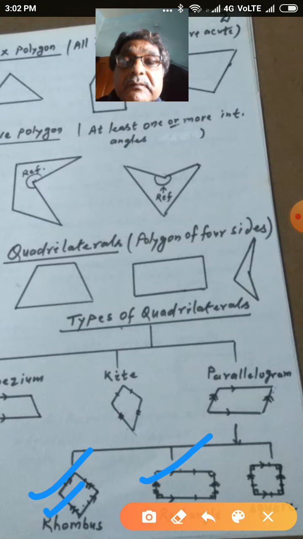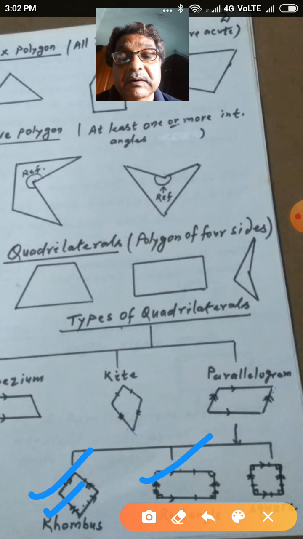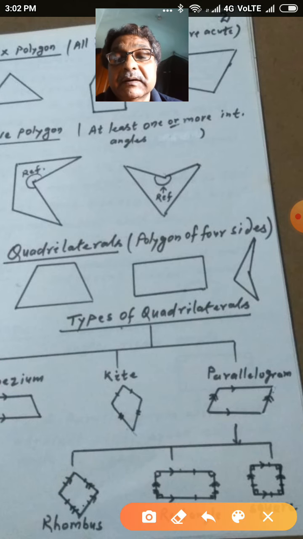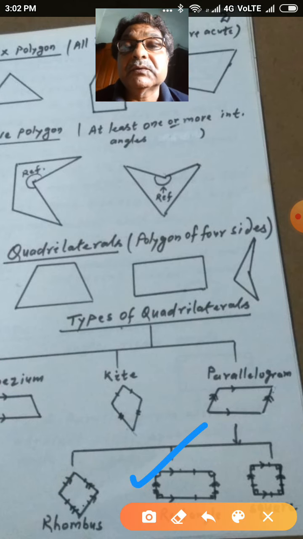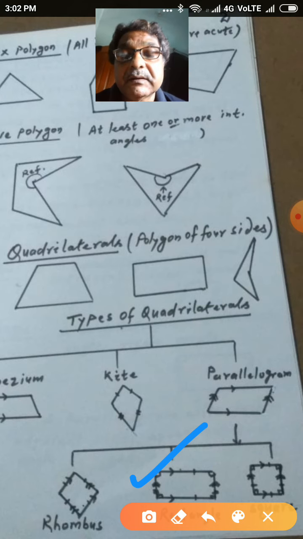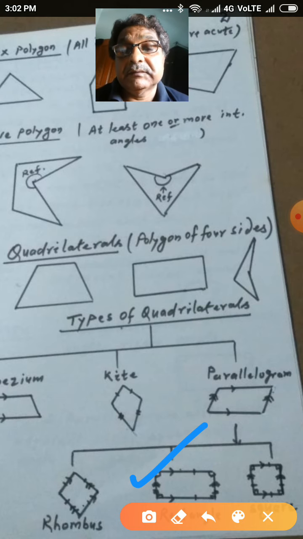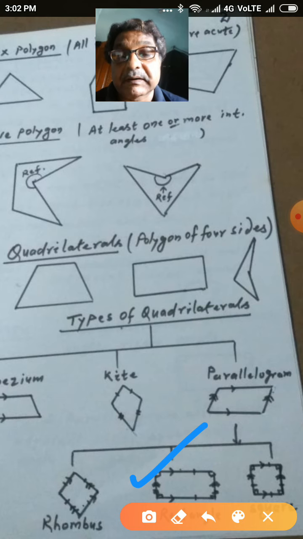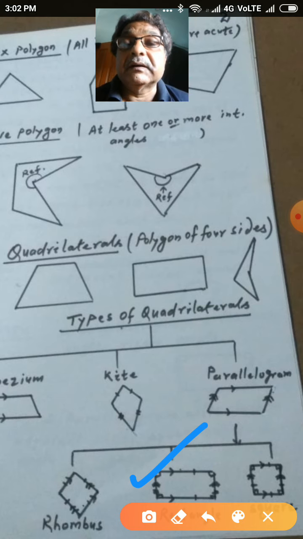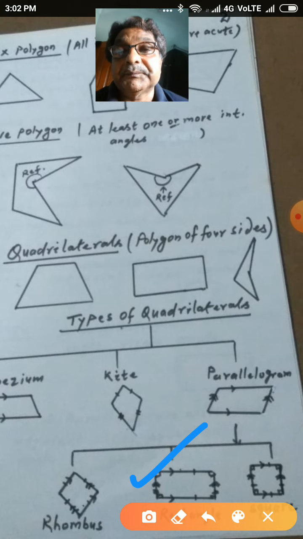Second, it is rectangle. So what is a rectangle? Rectangle is that parallelogram whose each interior angle is 90 degrees. Okay, so a parallelogram with each angle 90 is actually a rectangle. So it has the property that each angle is 90, in addition to the properties of a parallelogram.